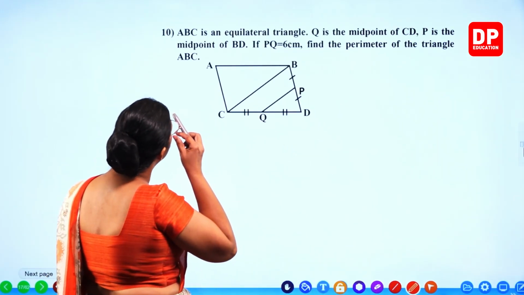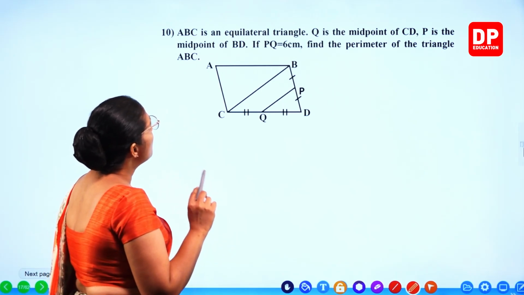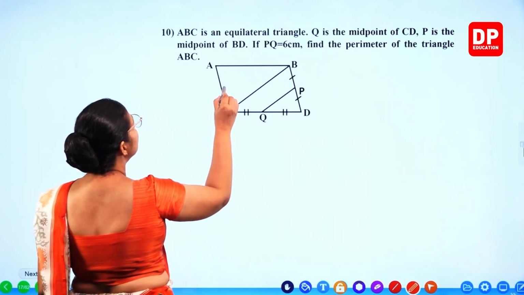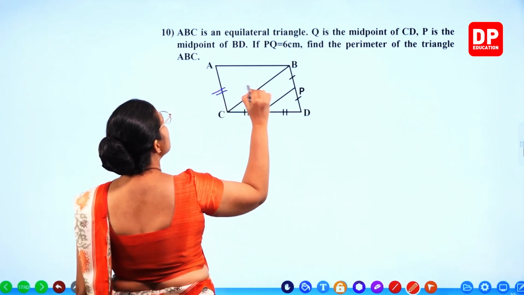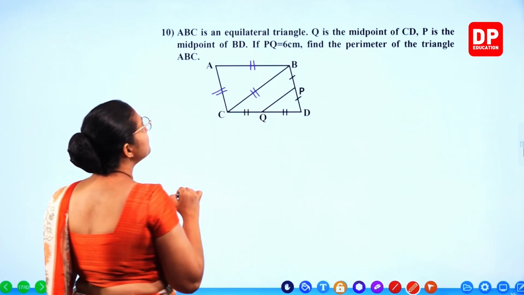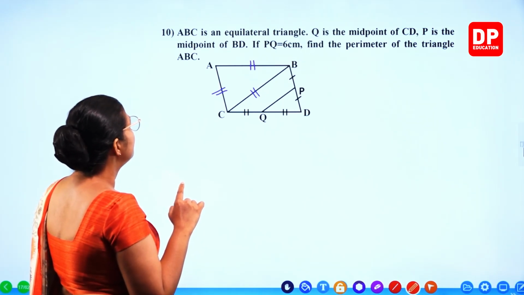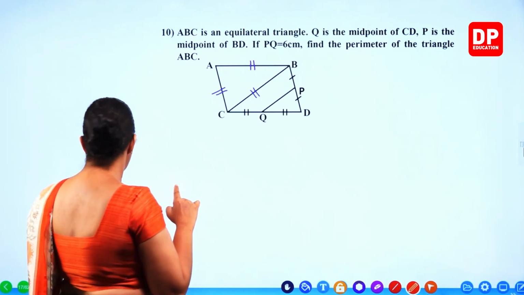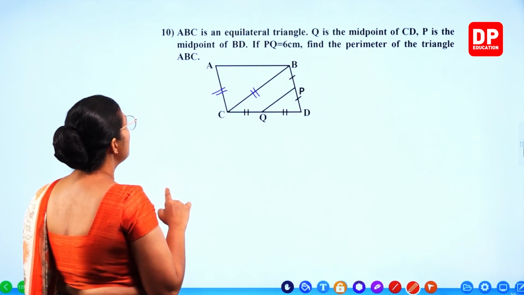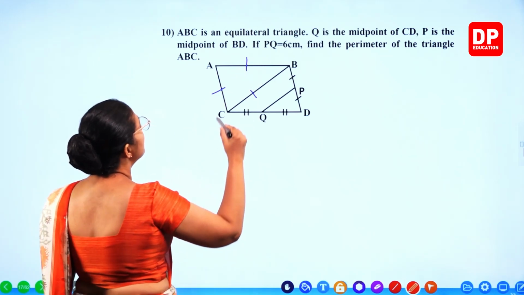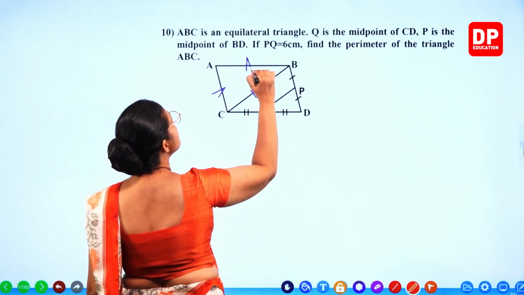Question number 10. ABC is an equilateral triangle. That means all sides should be equal. Q is the midpoint of CD. So we'll put one line because already marked with 2 lines, or 3, a different sign.